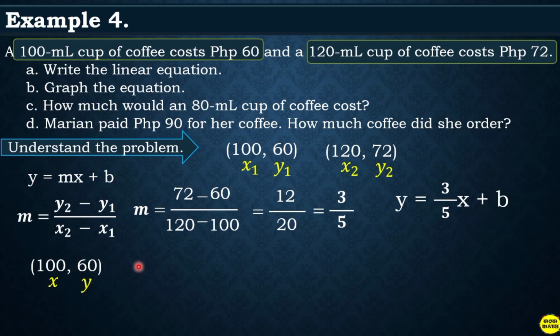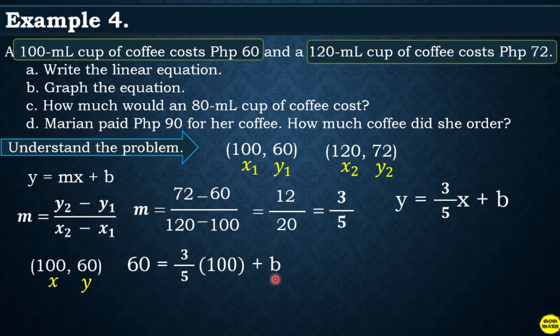Okay? So, using the same equation, y equals 3/5 x plus b. Your y is 60. We'll just substitute, and copy. Your x is, what is our x? 100 plus b. Okay?